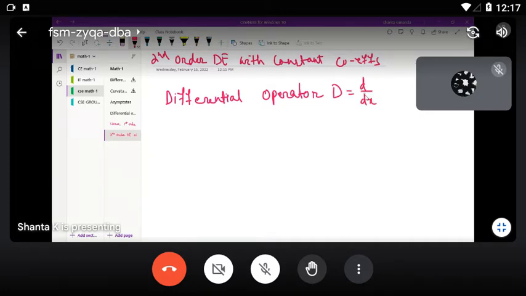Sometimes it is easy to write in this D form. So if f is a function of x, then D of f of x you can also write as f dash. We used to write df by dx. This is df by dx. This D we are going to use very much.